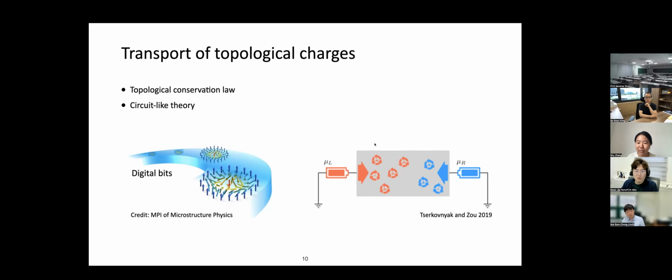And it almost looked like a battery and circuit type of theory. And then even for insulators, where there is an absence of electron transport, you can still use topological charges as information carriers to go through insulators. So these are all very promising for spintronic applications.